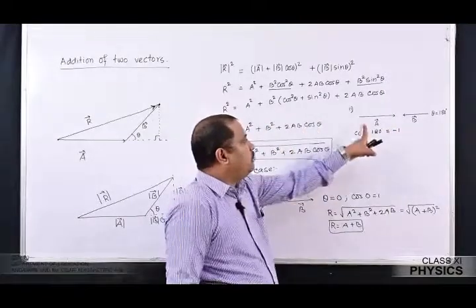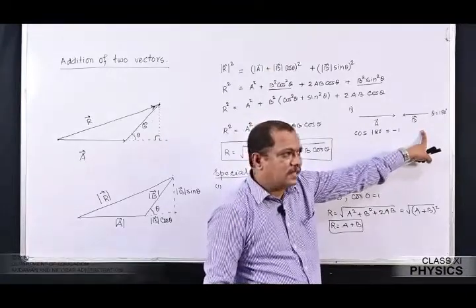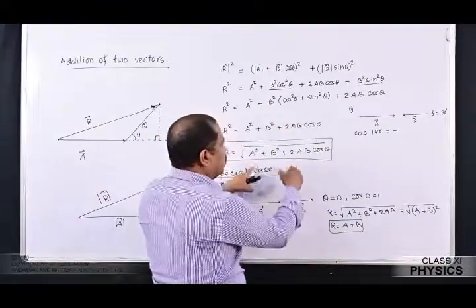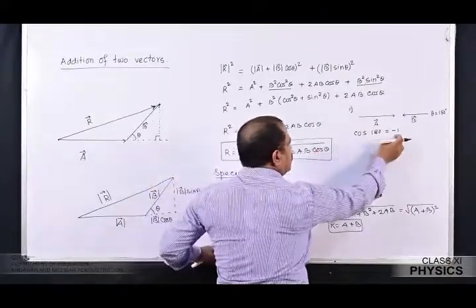Now when I want to add these two vectors and find the magnitude of the resultant vector, I will be using this formula. For cos theta I am going to substitute cos 180, which is equal to minus 1.